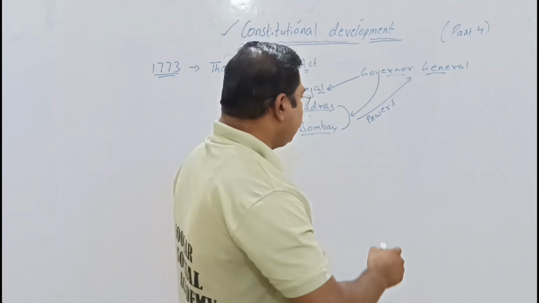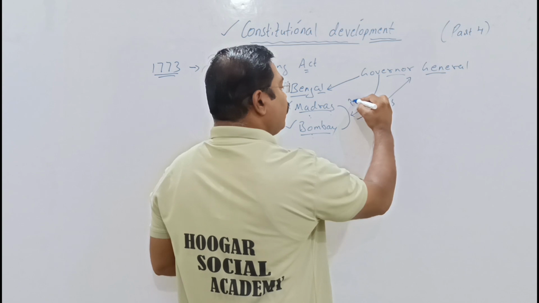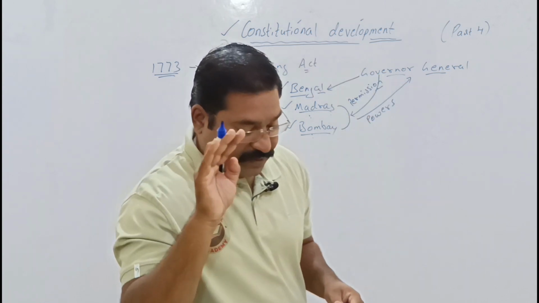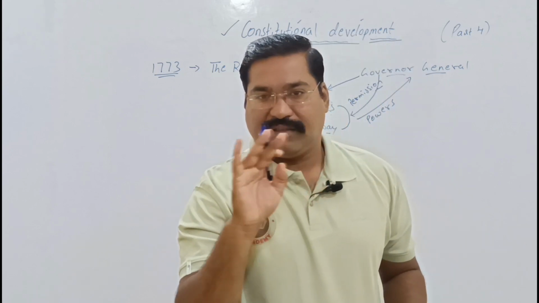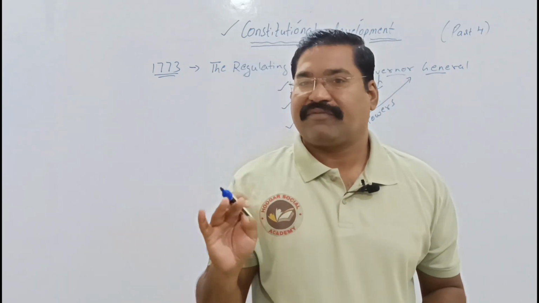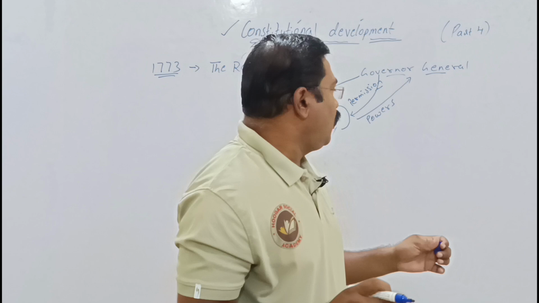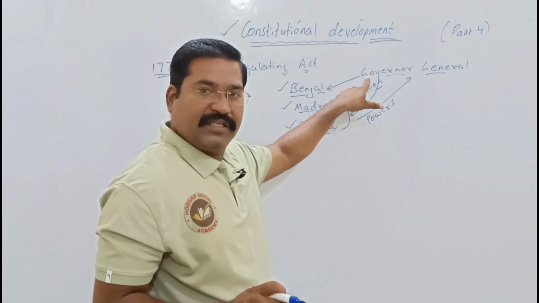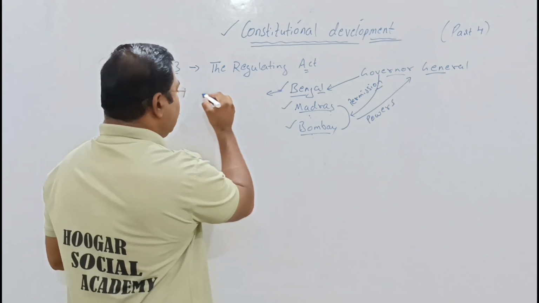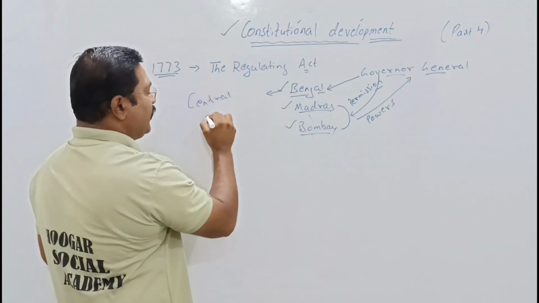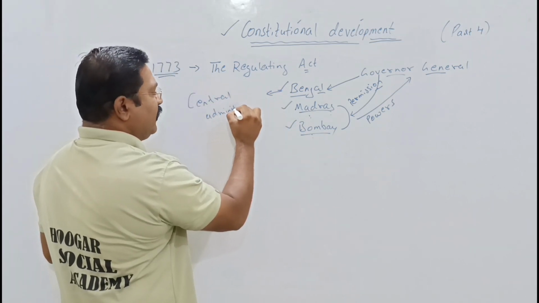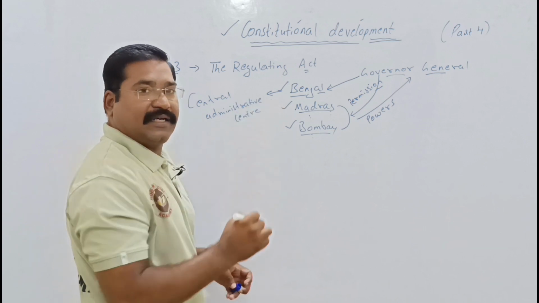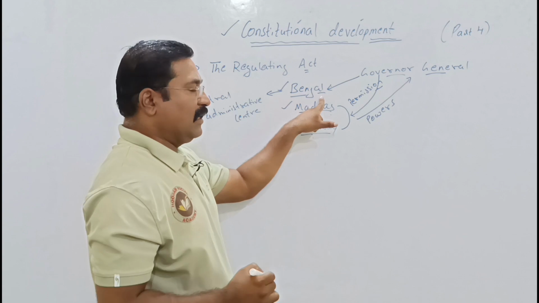They have to take the permission of this Governor General. Without his permission, they can't take any action. So Madras and Bombay totally fell under the Governor General, and Bengal became the central administrative center.